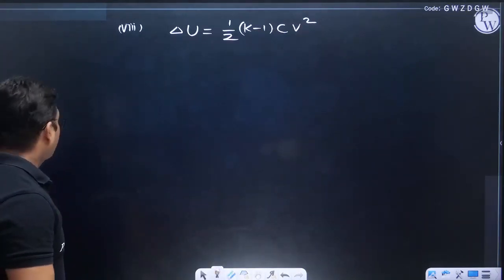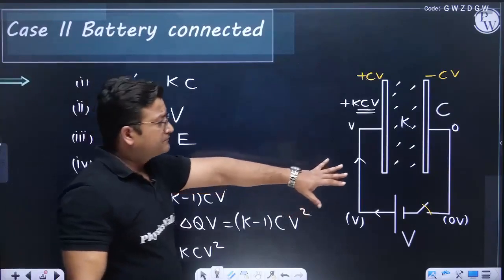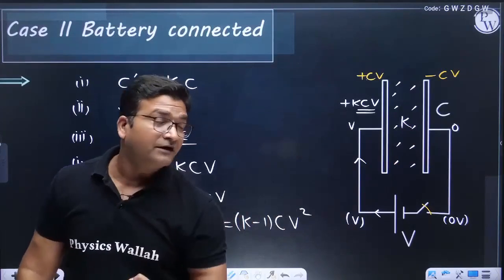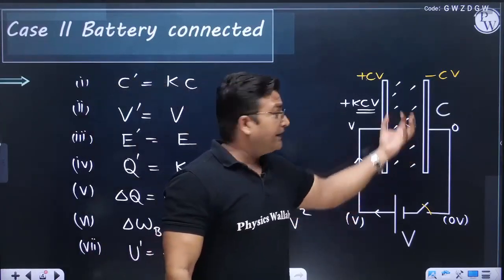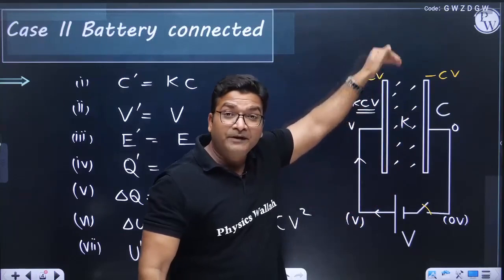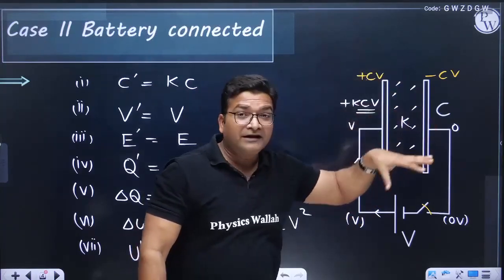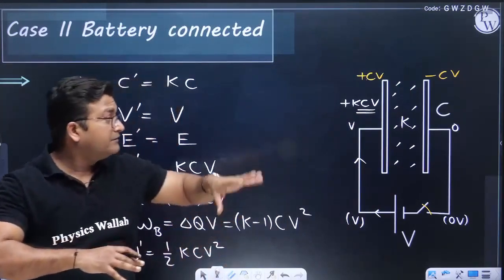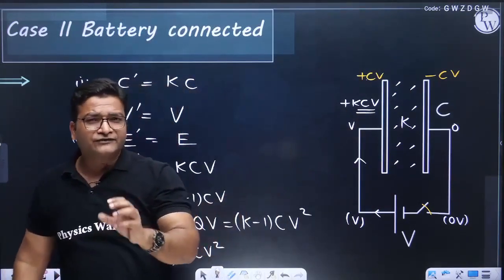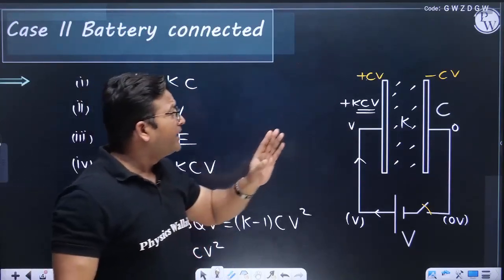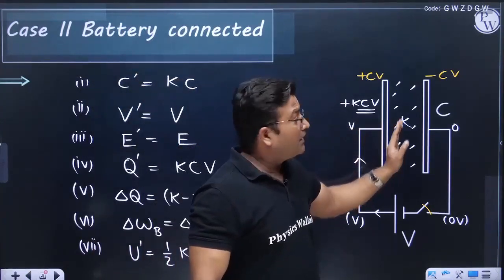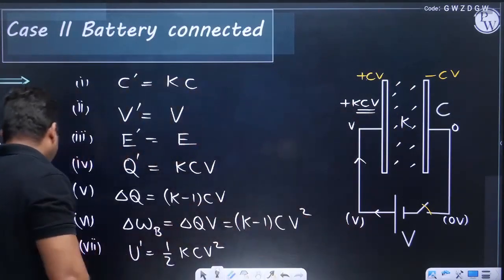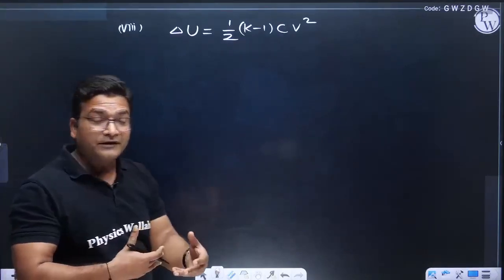Actually, in this case also, because of the induction effects, the capacitor pulls the dielectric slab inside while the slab is being inserted. Because of that, the capacitor does some positive work, and if we let this slab go inside the capacitor very slowly, we will have to exert a force outward to make it go slow, so some external agent is also working.